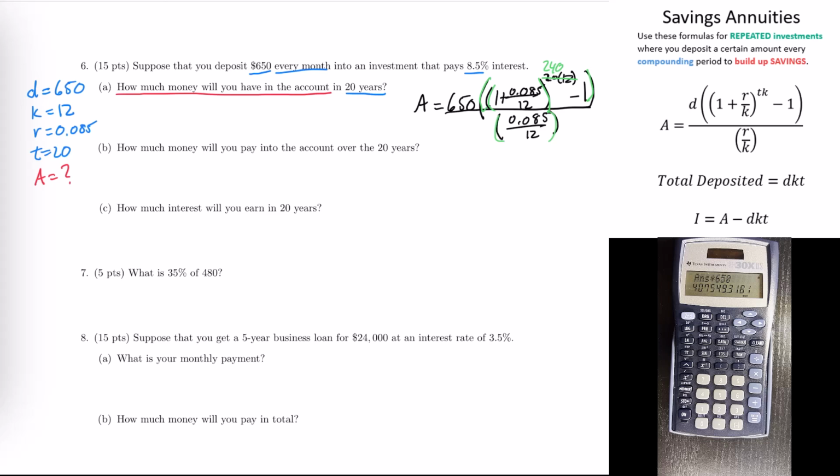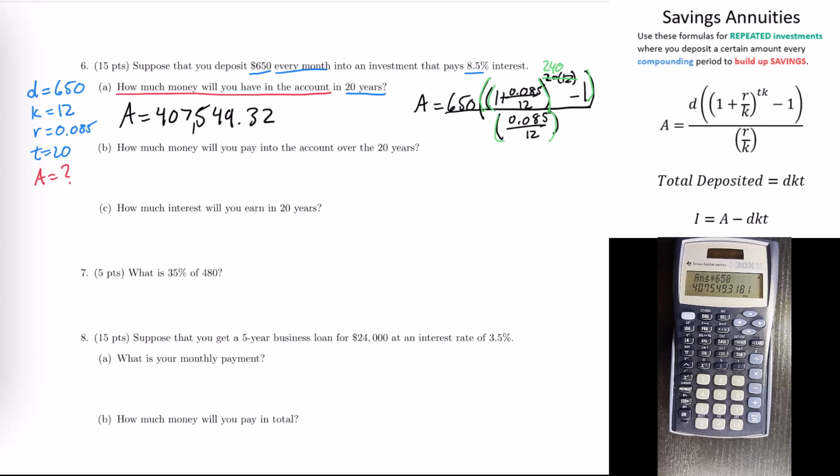So either way works. And once I've done that, I find that the amount in the account at the end of the 20 years is going to be $407,549.32. So that's the amount that I have in the account after the 20 years.